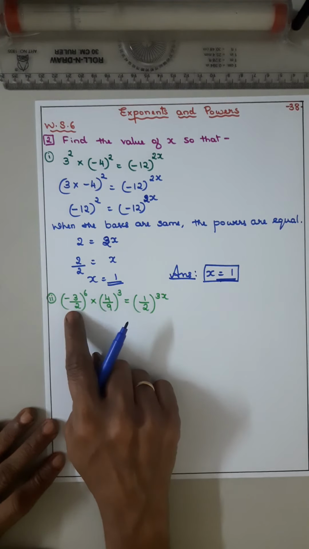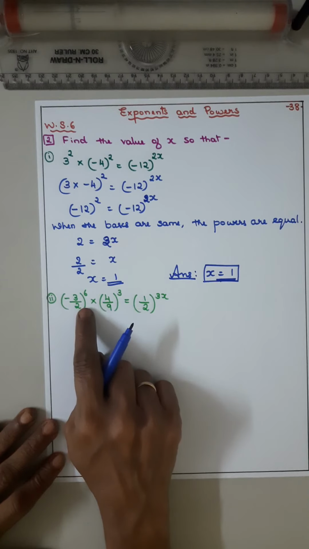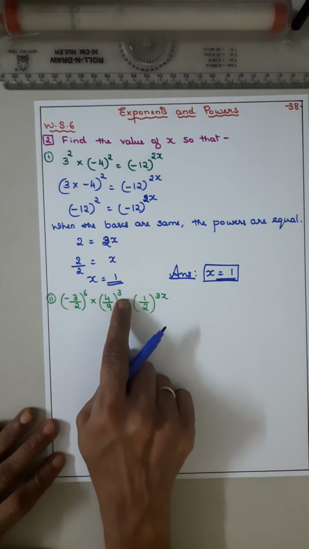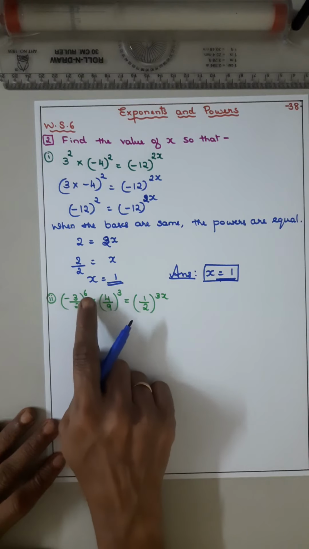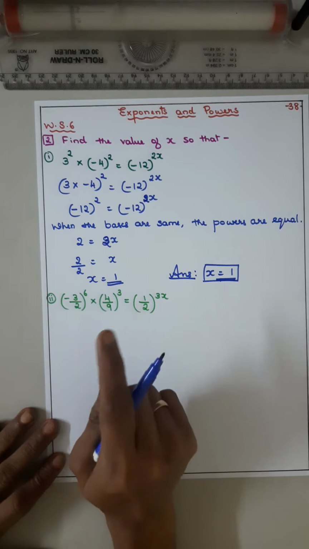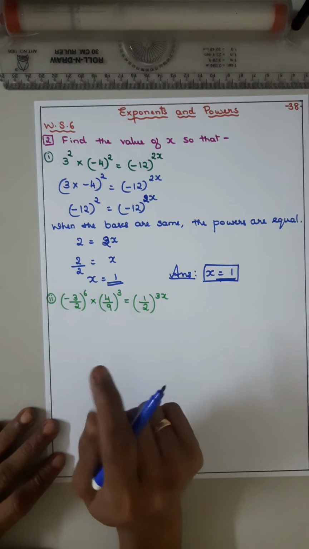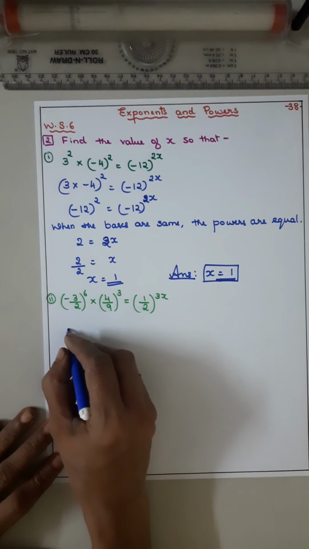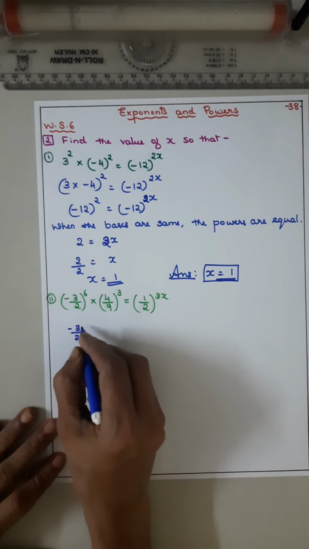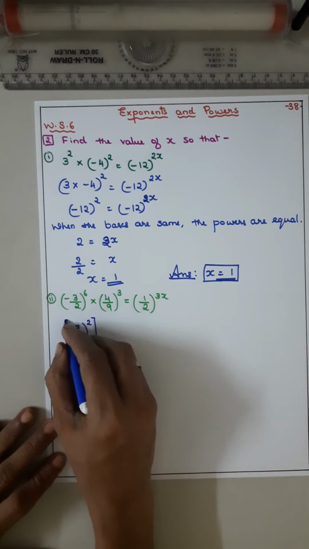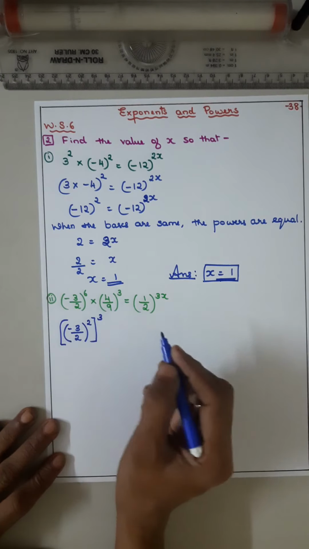Otherwise, this one also you can do: minus 3 by 2. The 6 you can convert into what? Power 6 can be written as 2 into 3, isn't it? So, minus 3 by 2, the whole squared, the whole raised to 3.